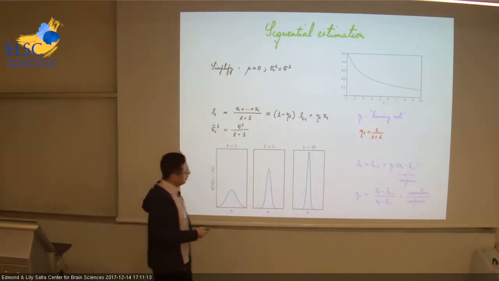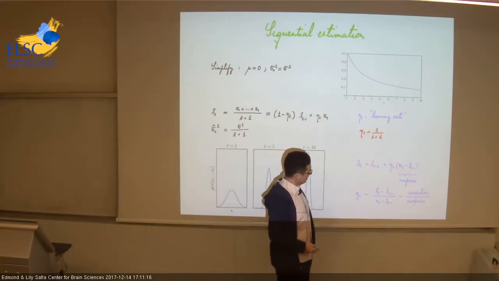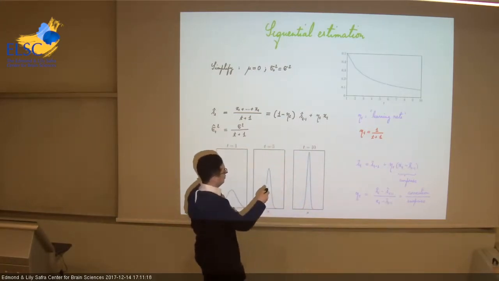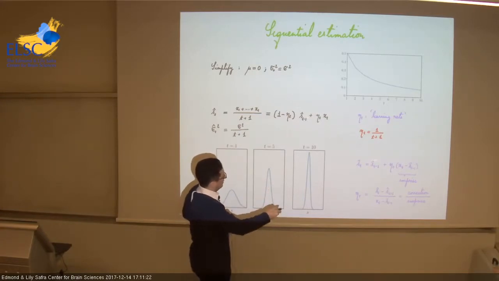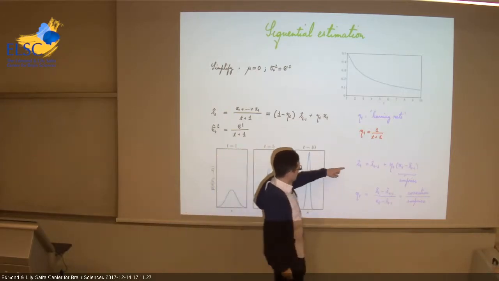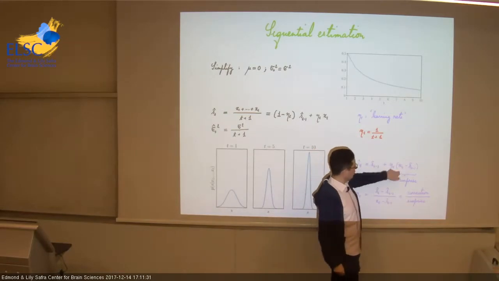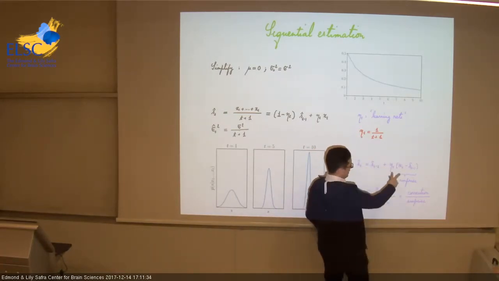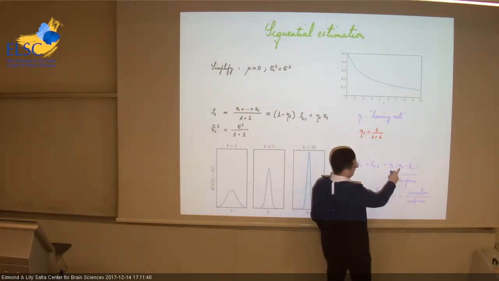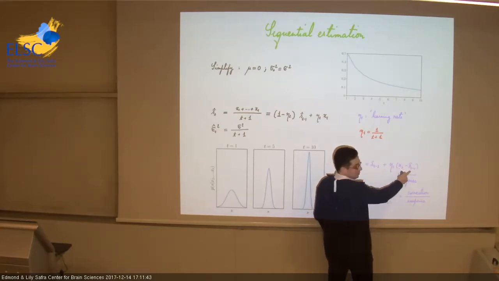Now, finally, another way, which is important, and I'll mention why, to think about this learning rate is that I can reorder this sum and isolate this s hat at time t minus 1 and say that my new estimate is the old estimate plus some correction, which will scale like what people call prediction error, what I will call surprise, which is the difference between your observation and your previous estimate, by how much you were wrong.